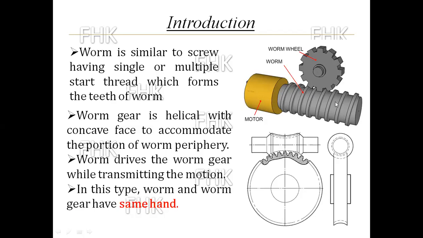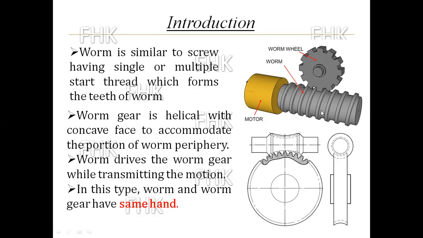Next, the worm gear or worm wheel is there, which is the same as a helical gear. The worm gear is helical with a concave face. The face of the teeth is made concave to accommodate a portion of the worm periphery.